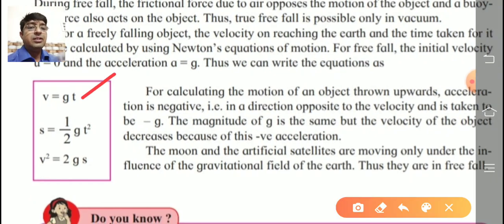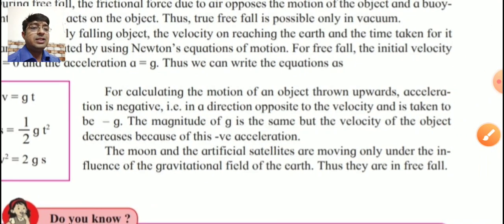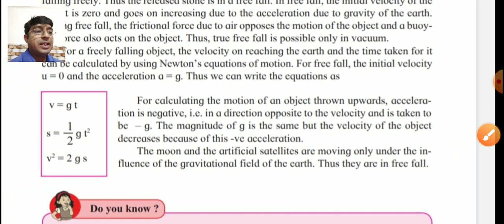First equation: v equals u plus at, where a is g, so we write v equals gt, since u is 0. Second, s equals ut plus half at square, but u is 0, so 0 into t is 0, leaving half gt square. Third equation: v square equals u square plus 2as, but u is 0, so v square equals 2gs. In this way, we are replacing these equations.